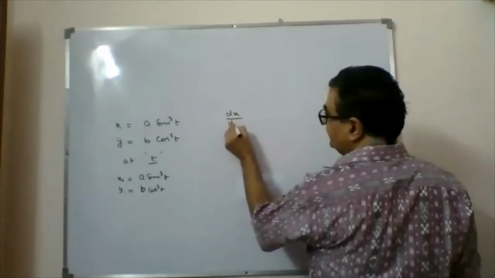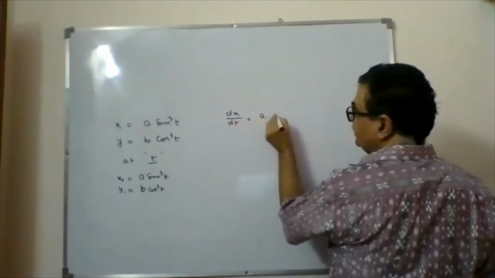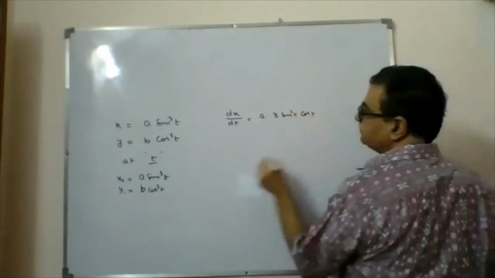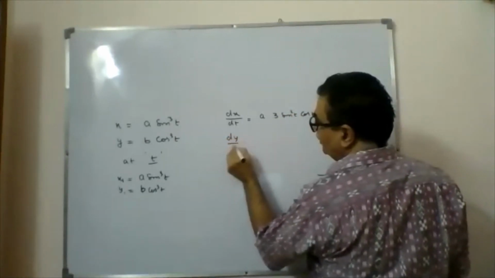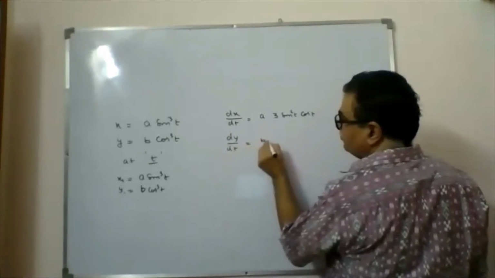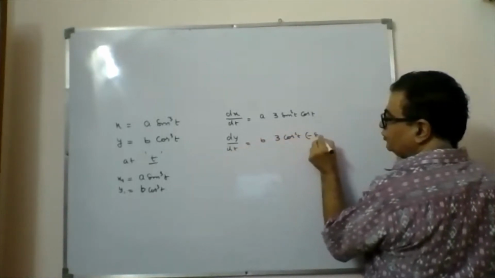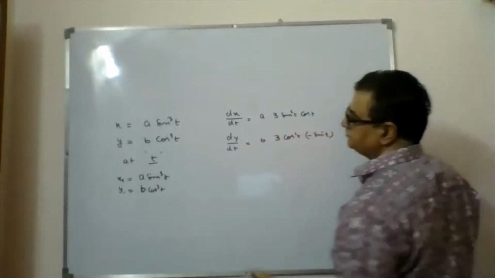dx by dt comes out to be a into 3 sine squared t cos t. And then we go for dy by dt, it will come b into 3 cos squared t into minus sine t.